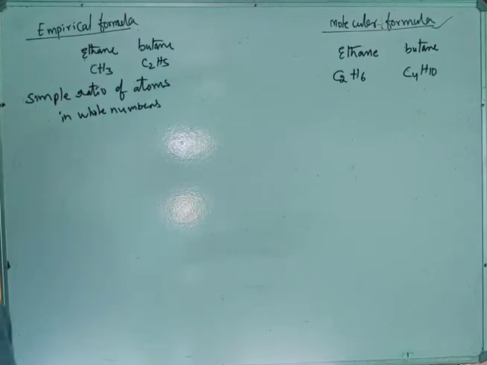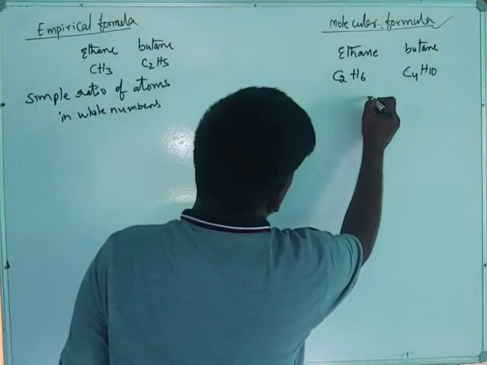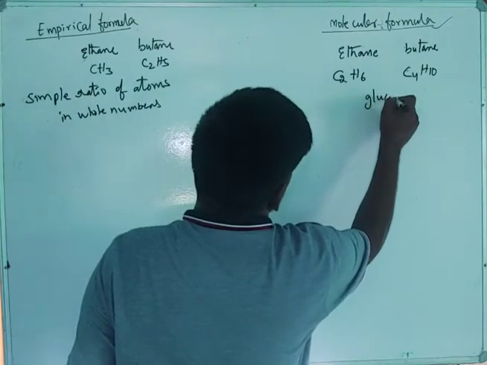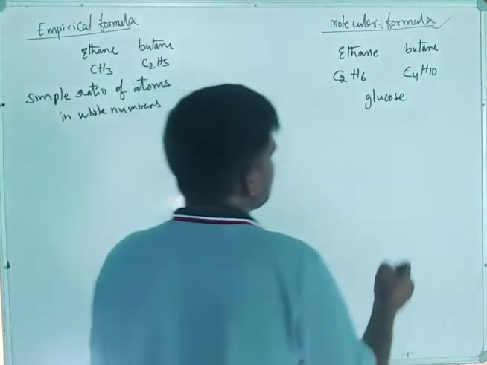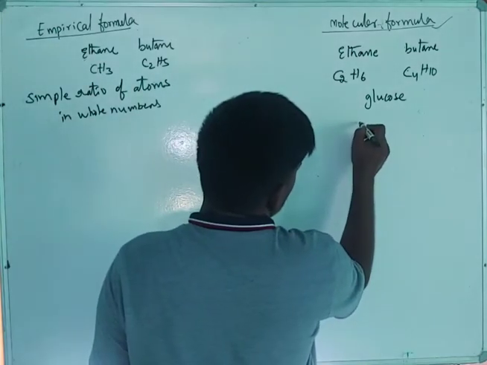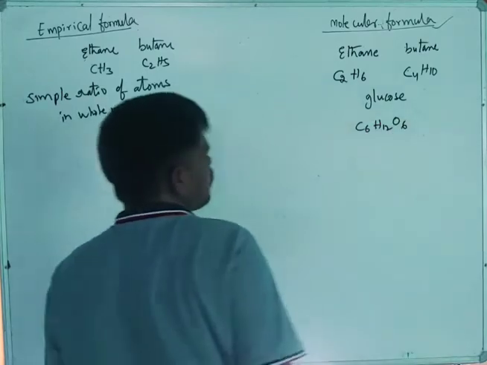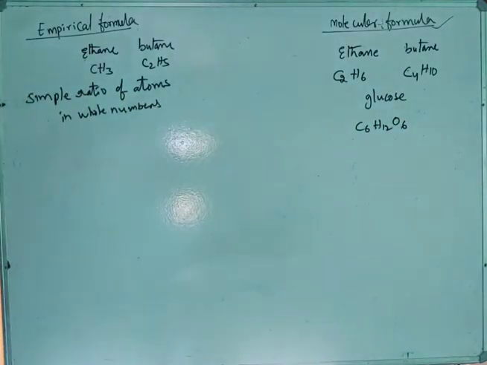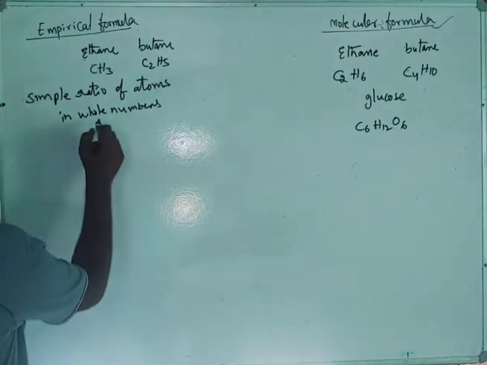And the next one guys, one more example let me take. This time let me take glucose compound. For glucose compound, every molecule contains 6 carbons, 12 hydrogens and 6 oxygens. So which is the molecular formula? Because all the atoms are mentioned, that is a molecular formula. Now what about the empirical formula of glucose?